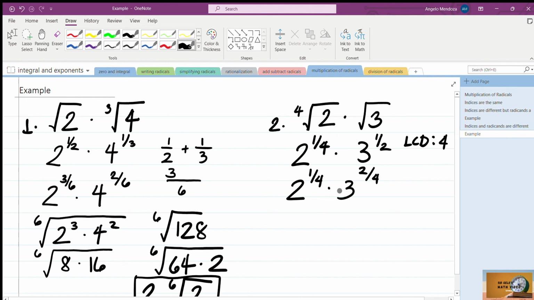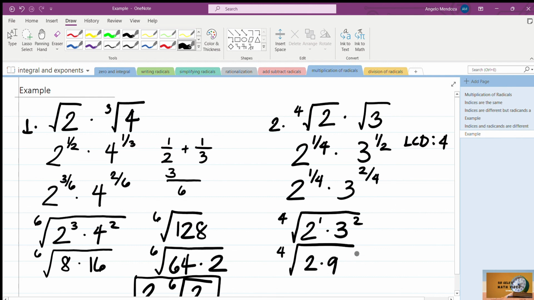And then they now have the same denominator here, so we can write it as a single radical. So we have the 4th root of 2 raised to 1 times 3 squared, which is 9.